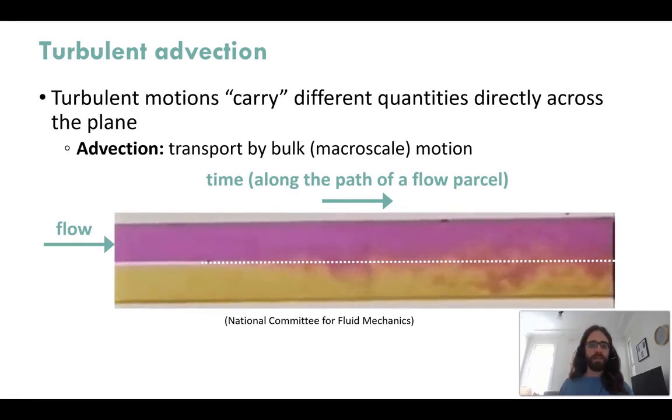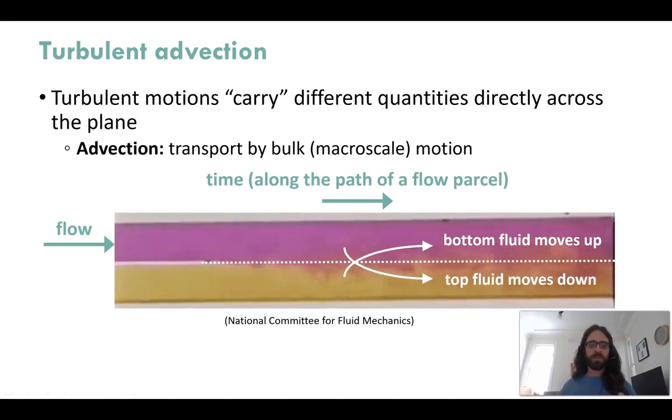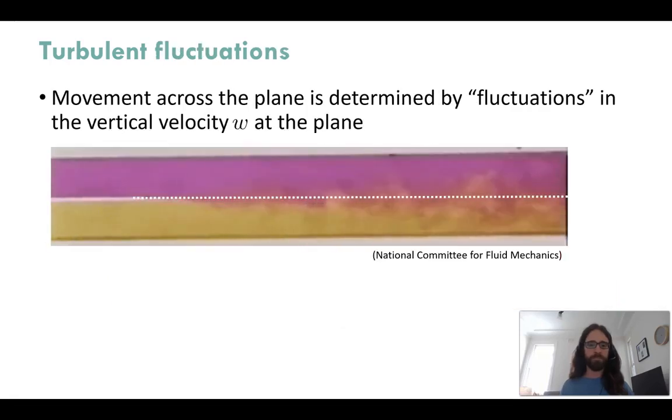And in this animation, technically speaking, you are looking at how the flow is varying across the length of the channel. However, you can also think of it as a time process if you are following the fate of an individual flow parcel as it moves down, and it may come down below and then eventually come back up, etc. And as I mentioned, you can get this motion that is directly by bulk movement coming across our mixing plane.